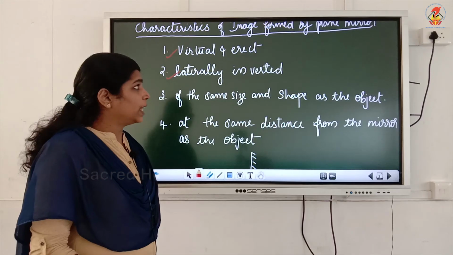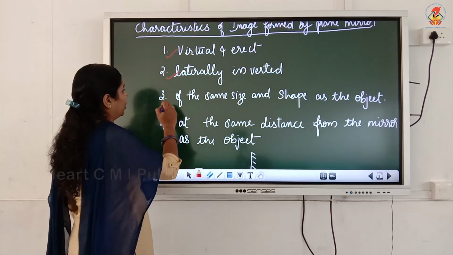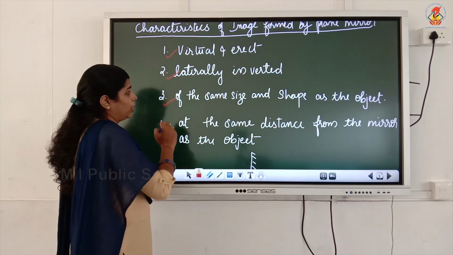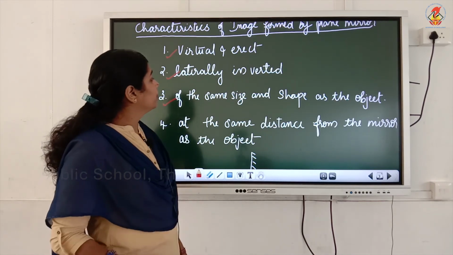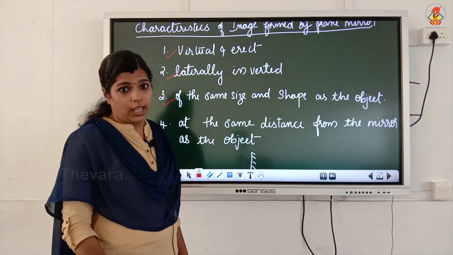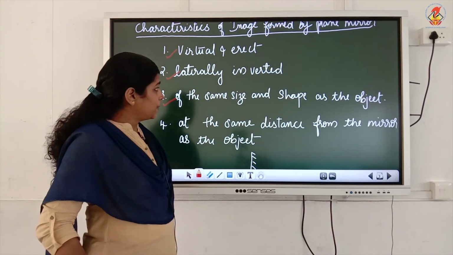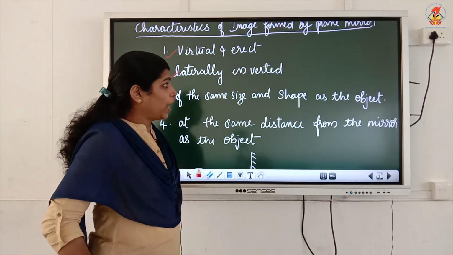That is known as lateral inversion. Then third point, the image size and the object size will be the same, and the shape also. Of the same size and shape as the object.